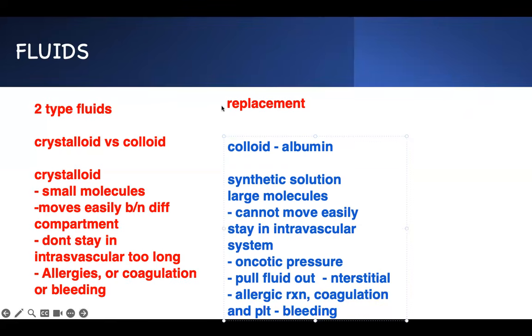Now let's look at what you have to pay attention to. This is what people get confused about: crystalloids. Let's talk about crystalloids. There are different kinds of crystalloid. The crystalloid can be hypotonic, that's the tonicity of the solution, isotonic, or hypertonic.